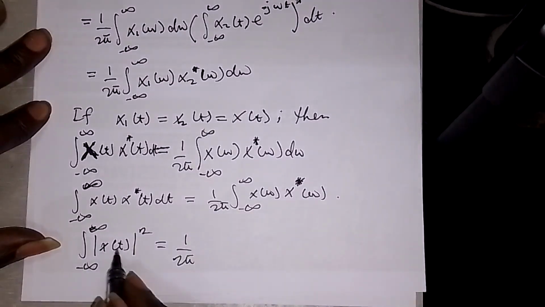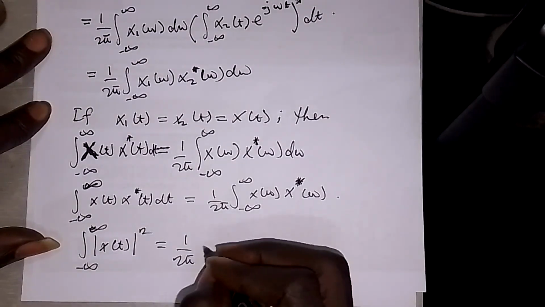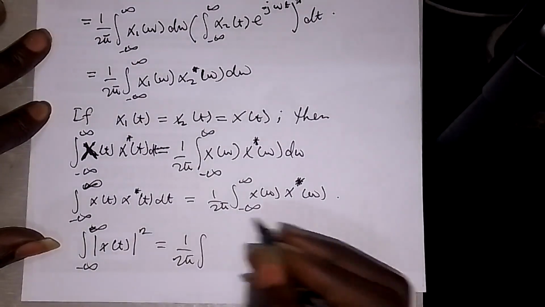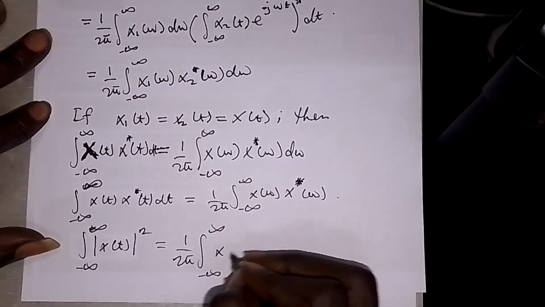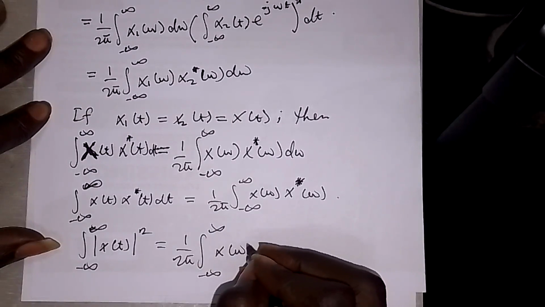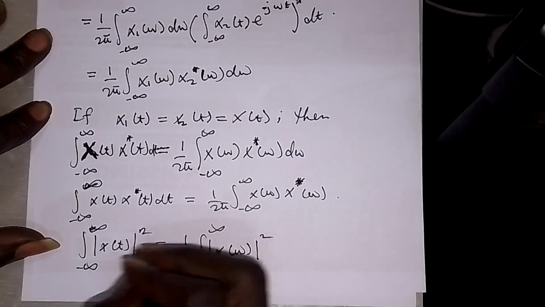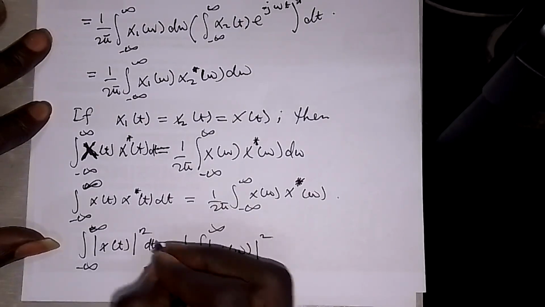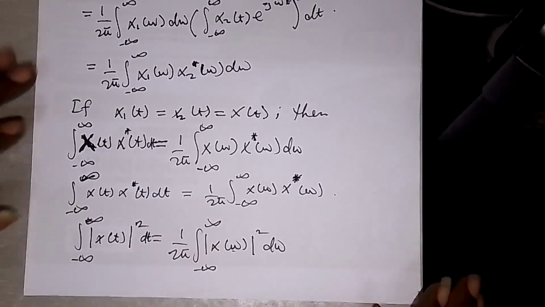We take the modulus so that we consider both negative and positive values. Here is dt and here is d omega. So basically this is what we get.